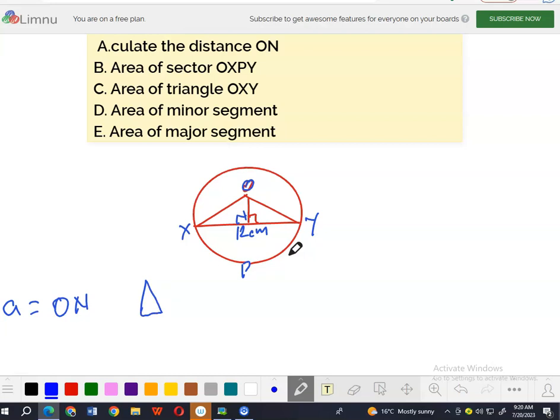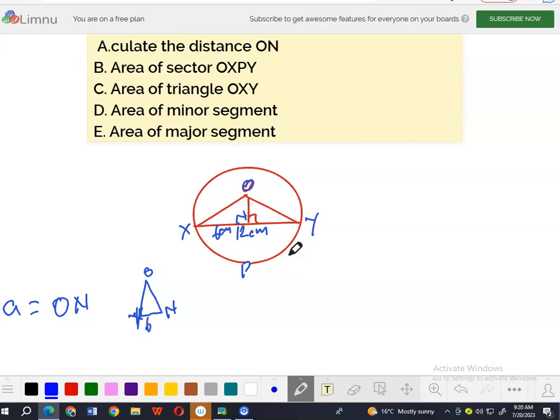This is that triangle. So this is OXN. This is X. OXN. So if this length from X to Y is 12, it means that from X to N will be 6 centimeter, and this will also be 6.